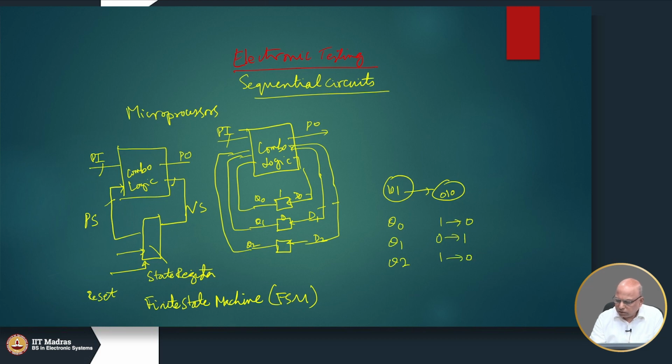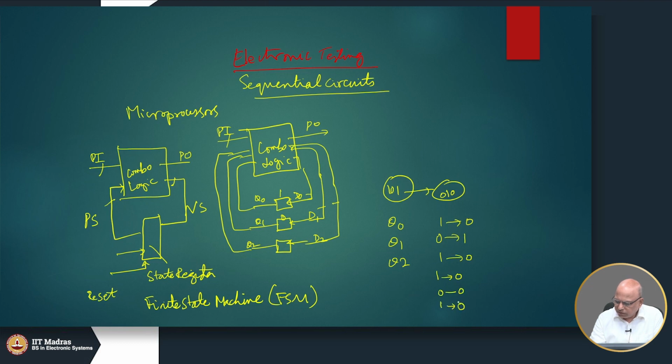These may not happen at the same time, there may be some small delays, maybe Q1 takes the longest. So, it is possible that this changes the fastest, this has remained 0 and it has not yet changed, and this has remained the same.